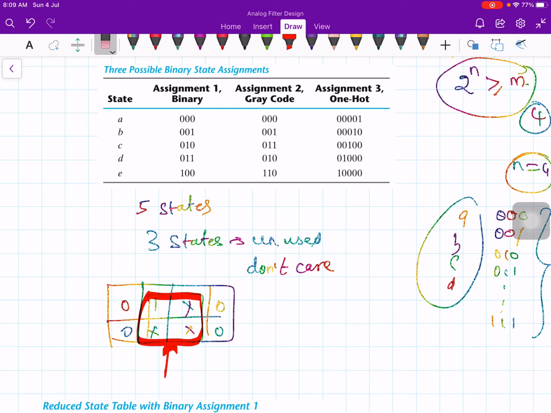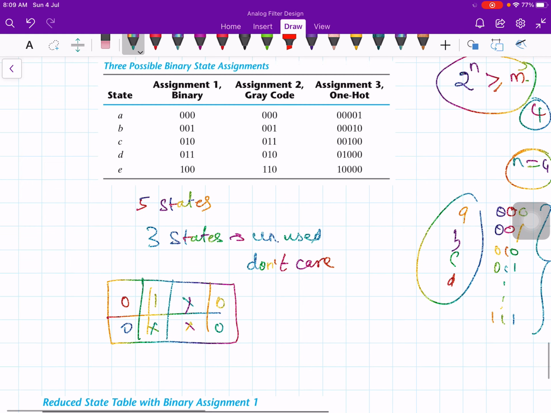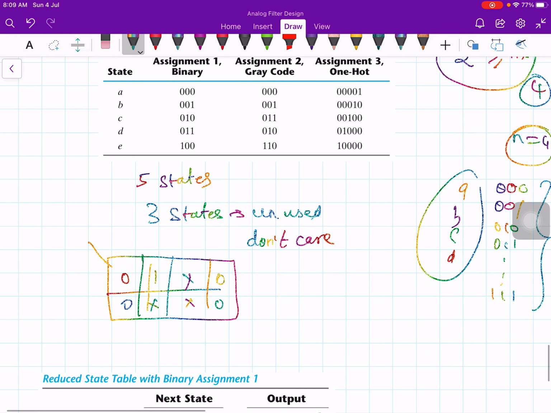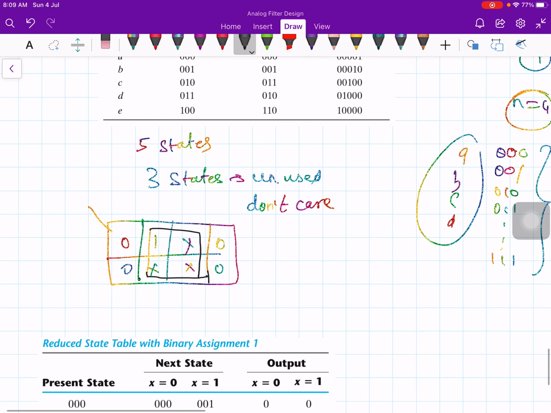For example, let us try to understand this a little bit more, because you may have doubt in this. Now this is my K map. So let's say A, B, C, then what is going to happen? 0 0, 0 1, 1 1, 1 0.